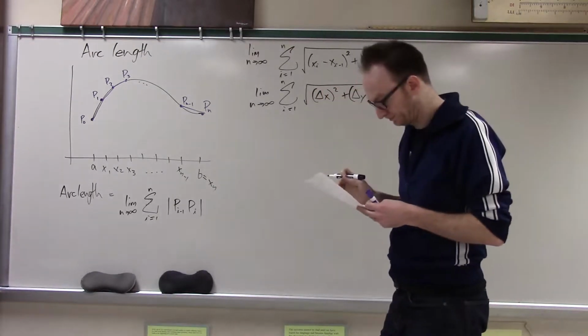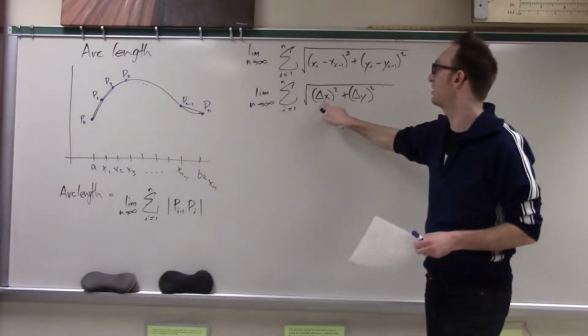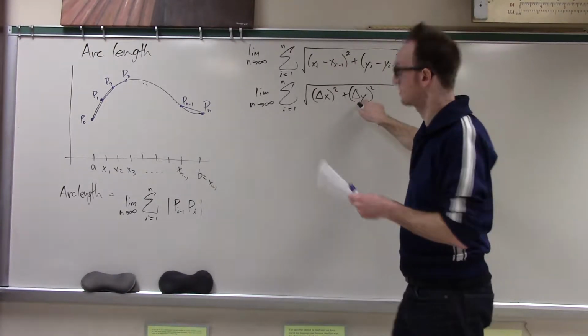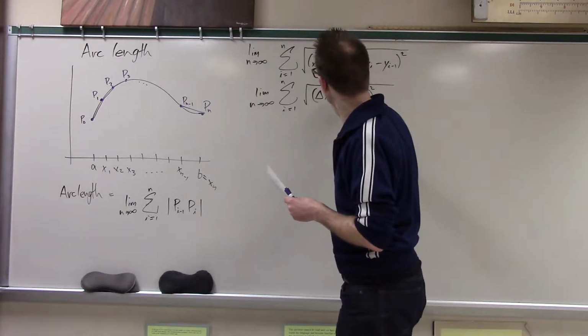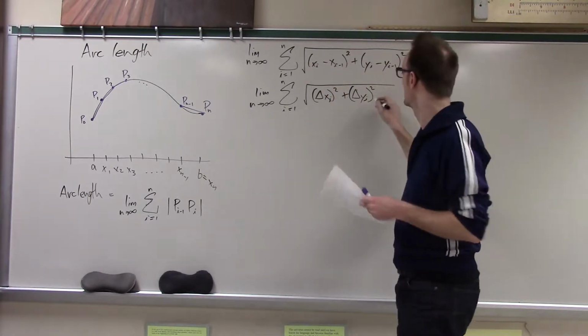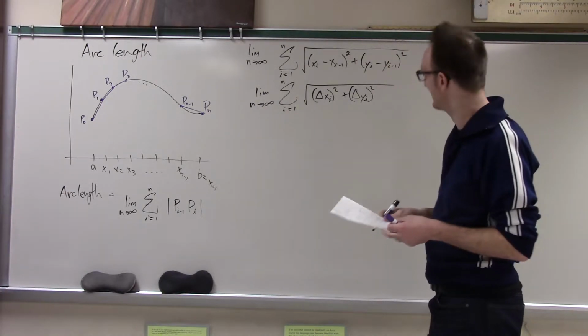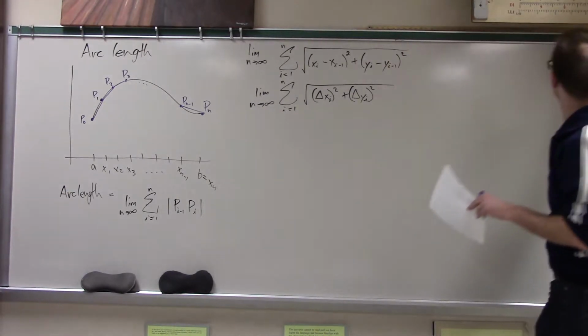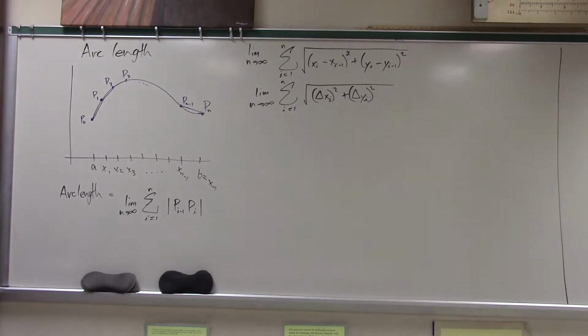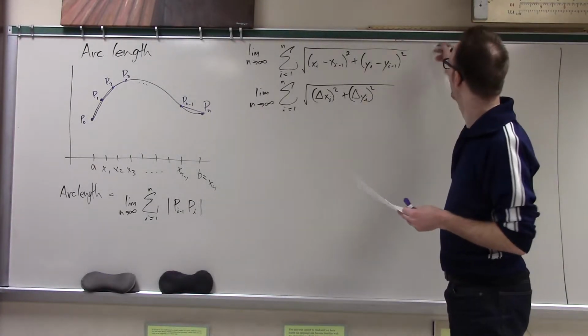If we do our partition right, the delta x's are all equal, but the delta y's are not, so I really need delta x sub i and delta y sub i, because the change in y is always going to be a little bit different as the curve changes. What I need to do now is something with these delta y sub i's.